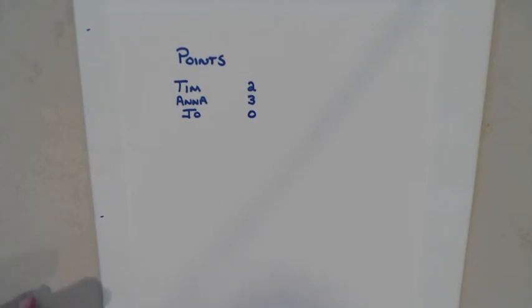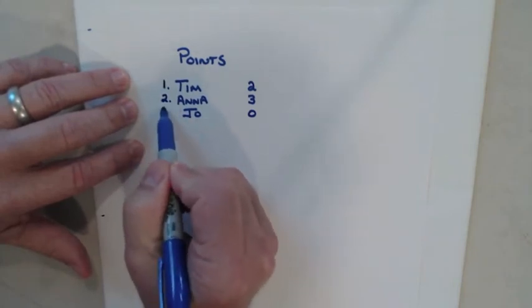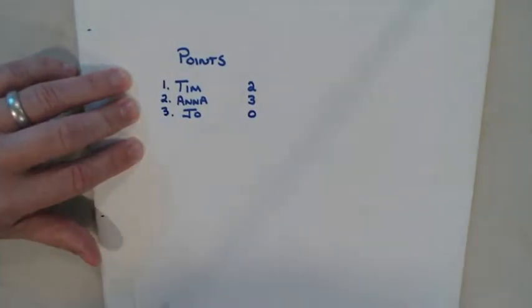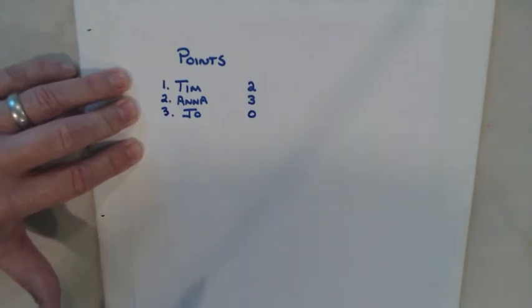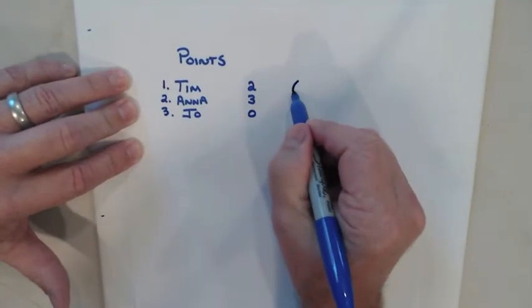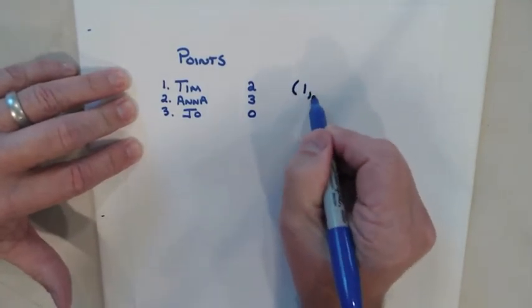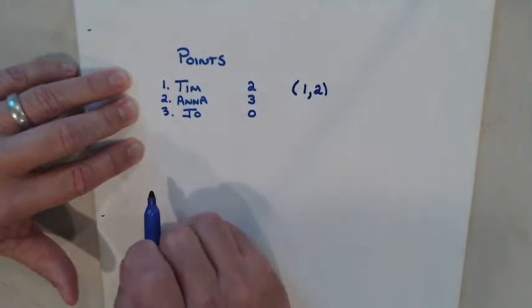I can take this same information and simply write points. Again, to make this completely mathematical, I'm going to assign numbers to these people. And remember, to write a point, you have to have parentheses and a comma in between 2 numbers. So Tim is person number 1. I make parentheses. I go 1, comma 2. Tim has 2 dogs.